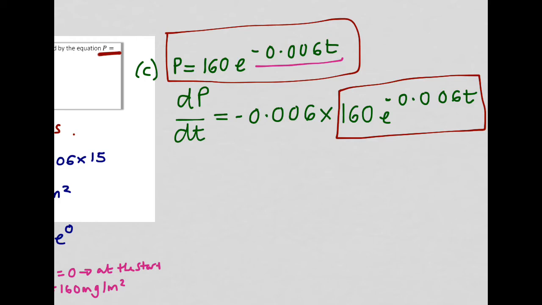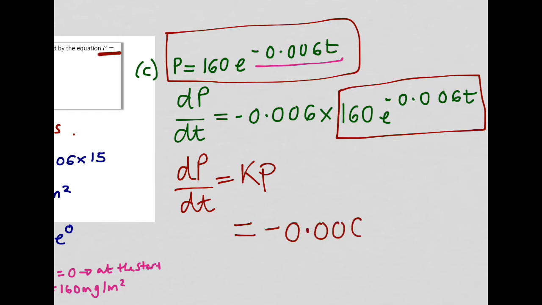So if I think about what format they want the answer in, it's equal to kp, then I can see from above it's negative 0.006 multiplied by p, because when I compare this and this, dp by dt is negative 0.006 multiplied by p, which is what I've written here.